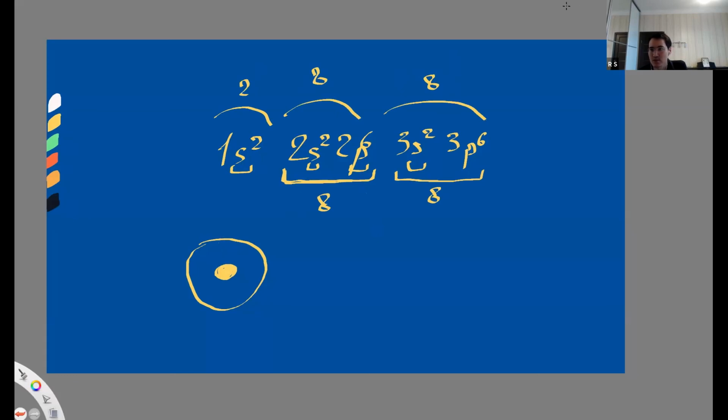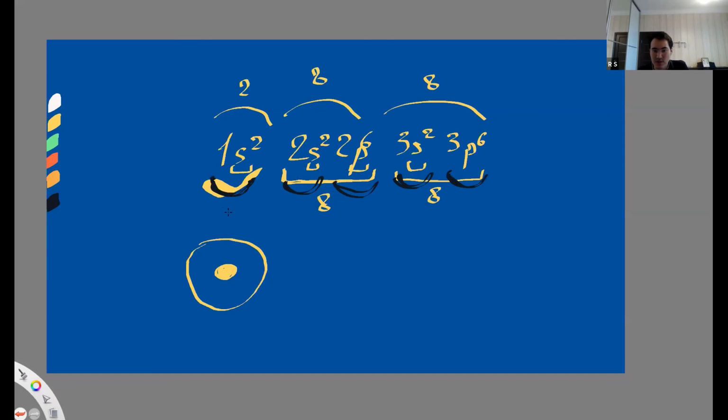Just a second again, what was the question? So each of these levels is a shell, an energetic level.